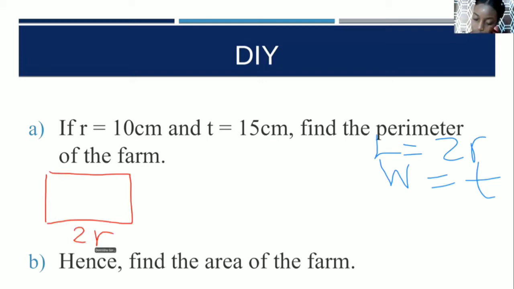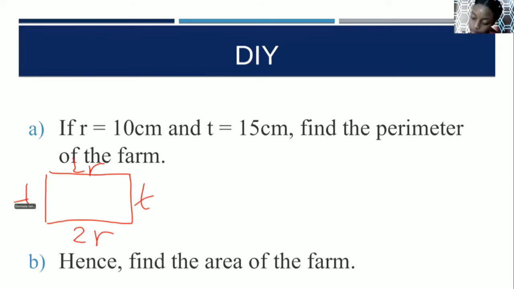So this is 2r, then this is also 2r. If this is t, then this is also t. All right, you can go ahead and do this. So the perimeter, I'm just going to write P, especially for space purposes.